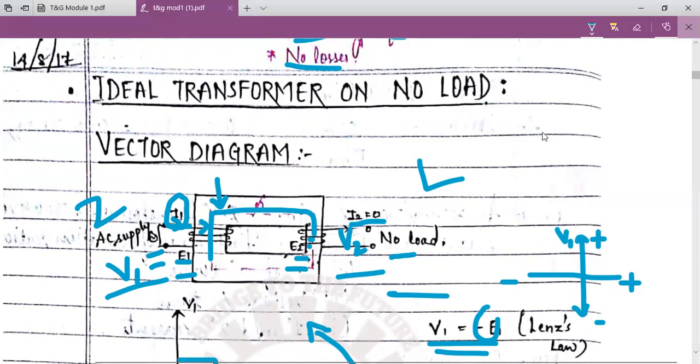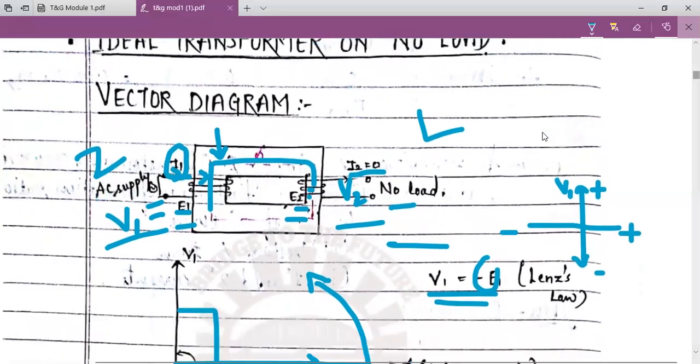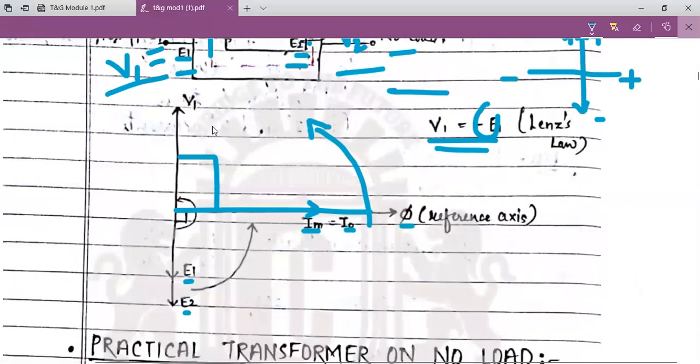Here V1 equals V2. This will be opposite to the EMF induced in the respective windings, that is in the primary winding and secondary winding. These are in the same phase because the voltage induced will be the same, so E1 and E2 are in phase with each other.